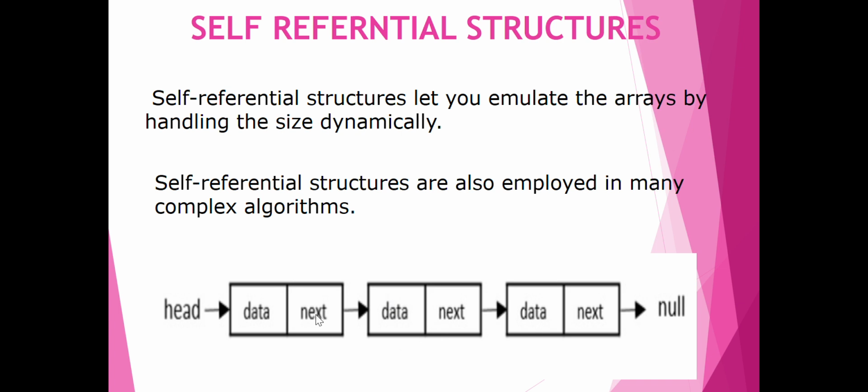The next will have the address of this node. Actually, the value of this next will be the address of this node, because you can see this node is linking to this node, which means they both are connected. So in this way, the value of next will be the address of whatever node it is connected to.